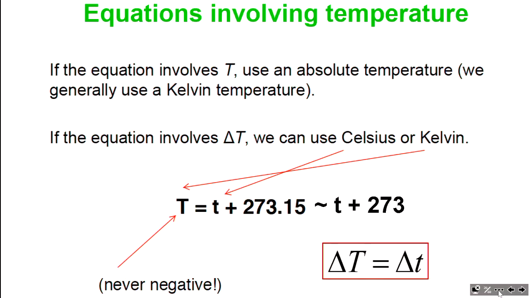What is good about the absolute temperature is that it is linearly related to the Celsius temperature, which means even if they are different in degrees, the change in temperature is the same for both.